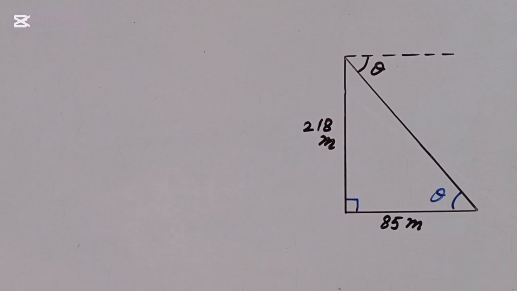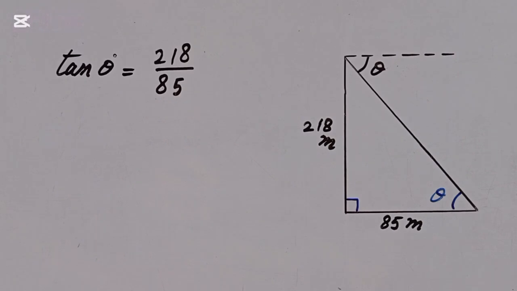Now we consider this right angled triangle, and apply the trigonometric ratio. What works here is tan theta. You know the trigonometric ratio tan theta is equal to the perpendicular by base, means opposite over adjacent.